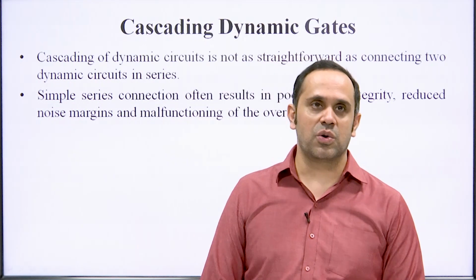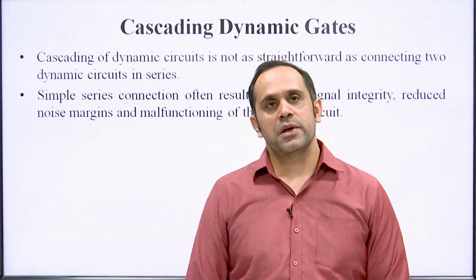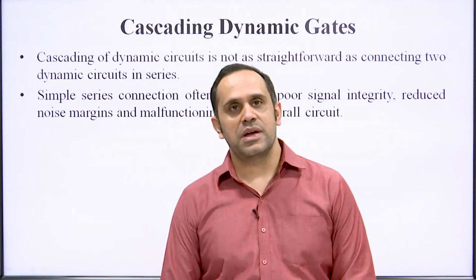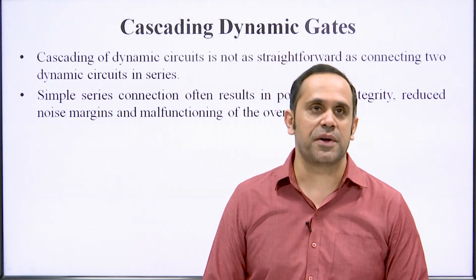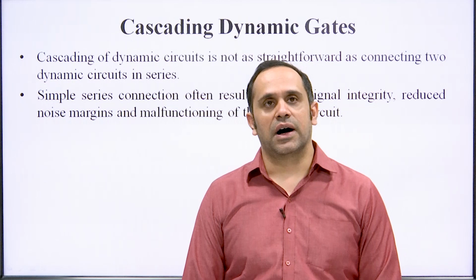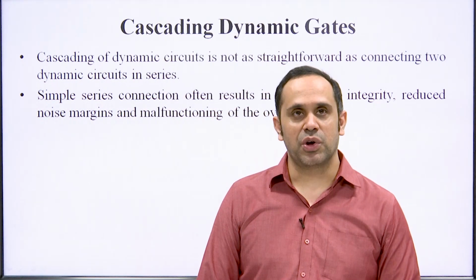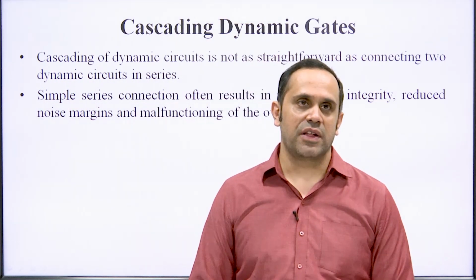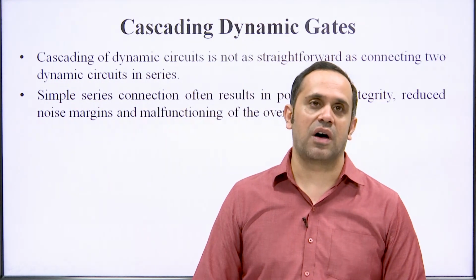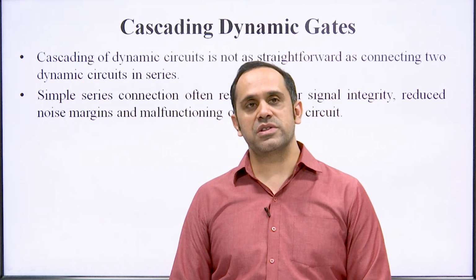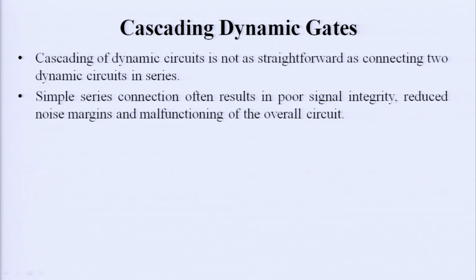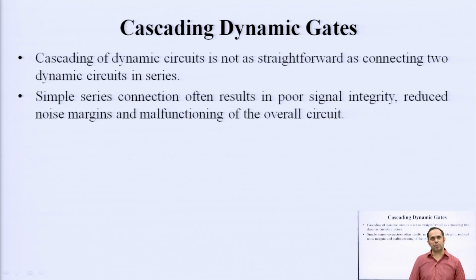So, when the clock goes low or logic 0, the pre-charge state comes into action, and the output capacitor or load capacitor charges to the power supply VDD. So, your output goes to logic 1 during pre-charging when the clock is low. When the clock changes its polarity and goes high, the evaluation stage kicks in, and whatever logic you are trying to implement is tested and the output is connected to the load capacitor.